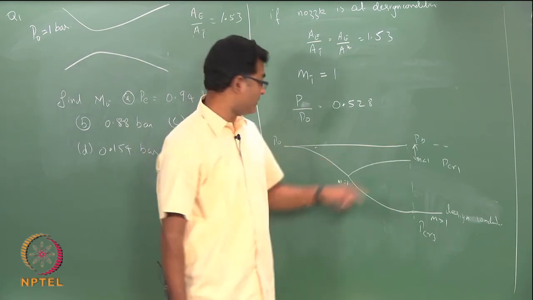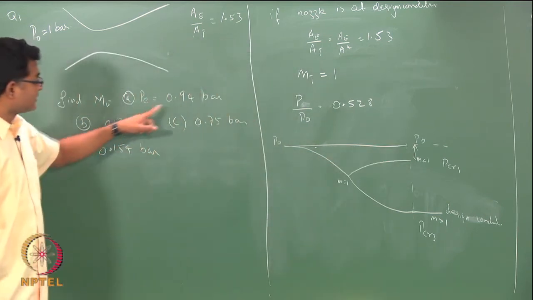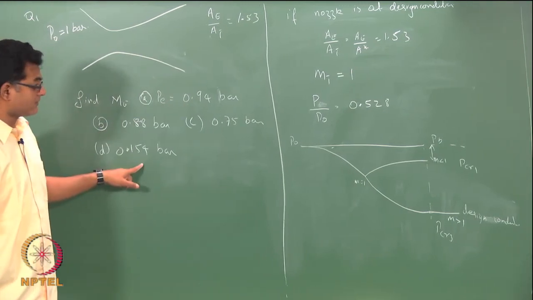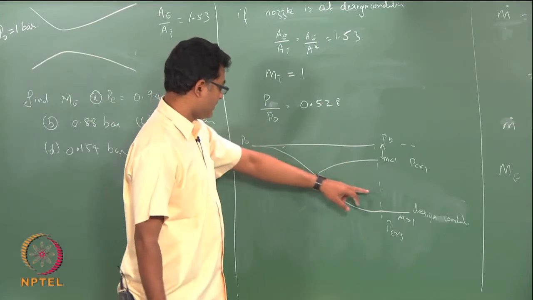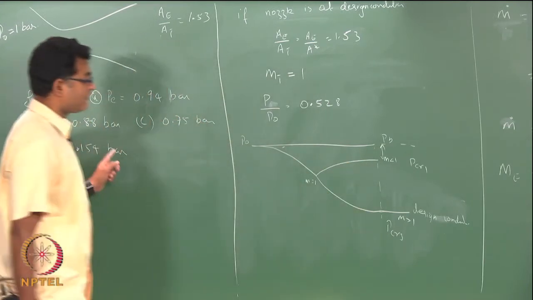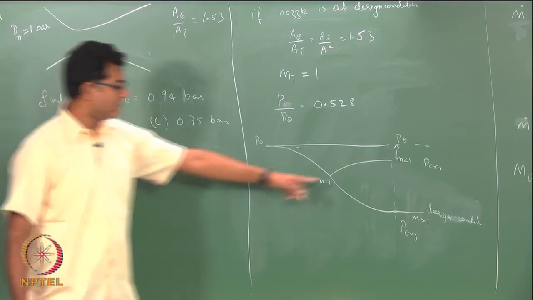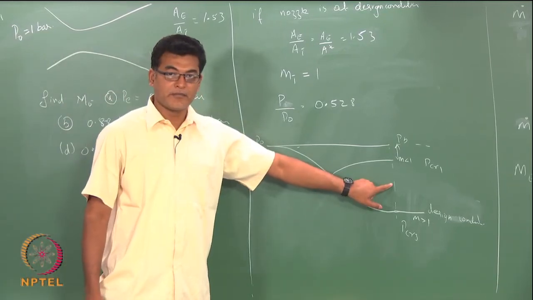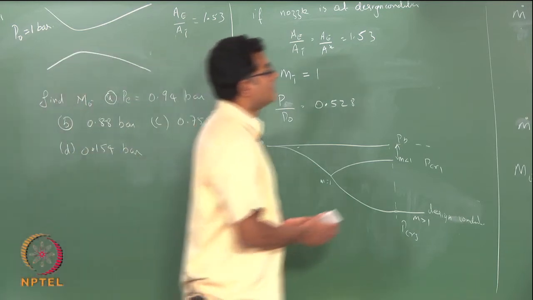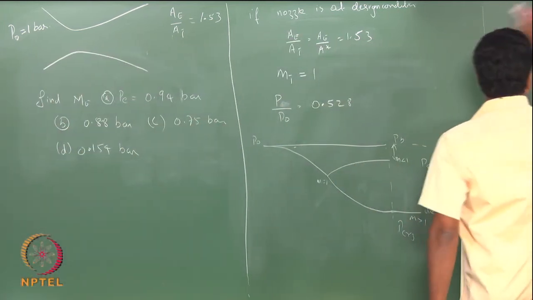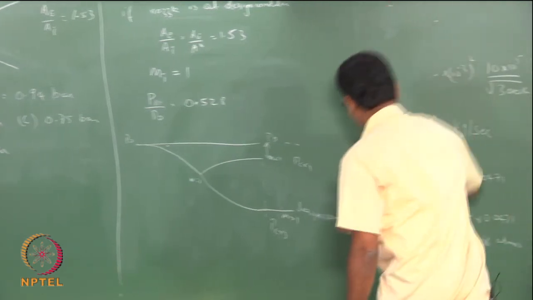So, the question here is the P exit is progressively decreasing. So, I have a case 1 here, maybe here, maybe here, maybe here. I need to find what exactly is that and accordingly find my Mach number. That is all I need to do here, but identifying this curve is the important part in solving this problem.